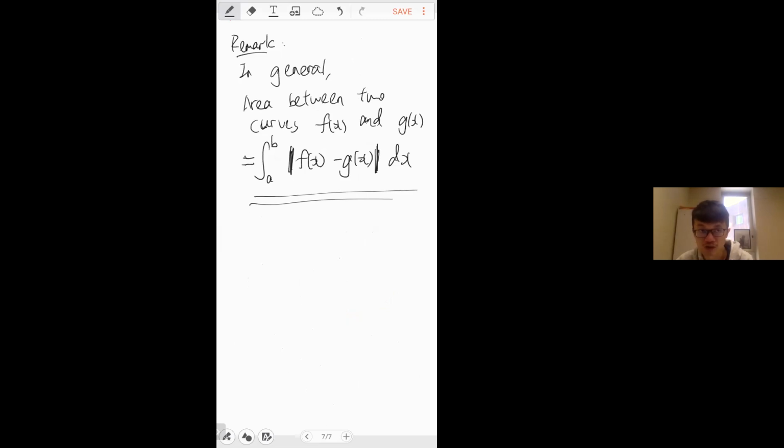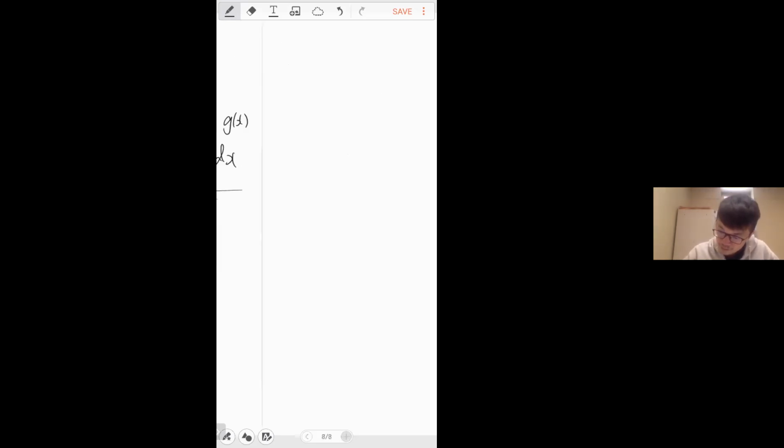You never use this formula in practice, but you need to know it at least for multiple choice questions. Is it okay? Any questions? No? Okay.